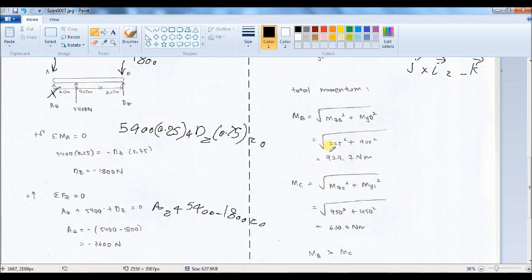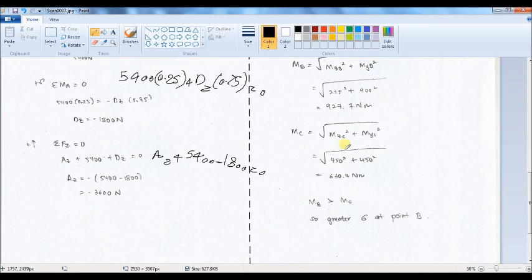So the square root of 225 squared plus 900 squared, the result of this summation is the moment 927. We will do the same for location C and find the resultant moment at location C. If you compare these two moments, you can see in total the moment at location B is greater than the moment at location C. As you can see, MB is bigger than MC, right?